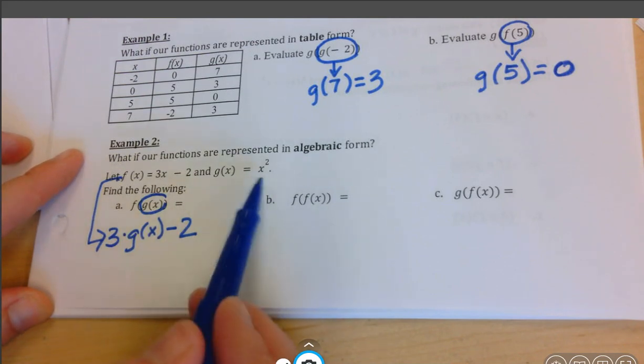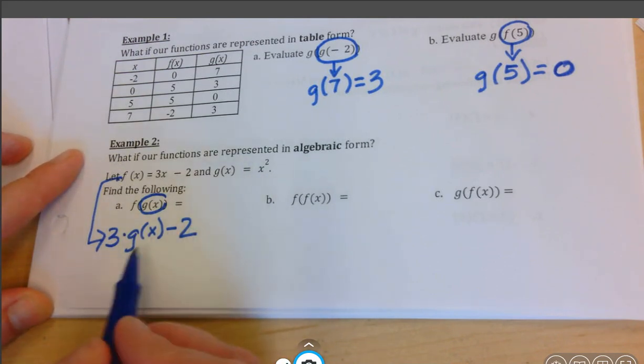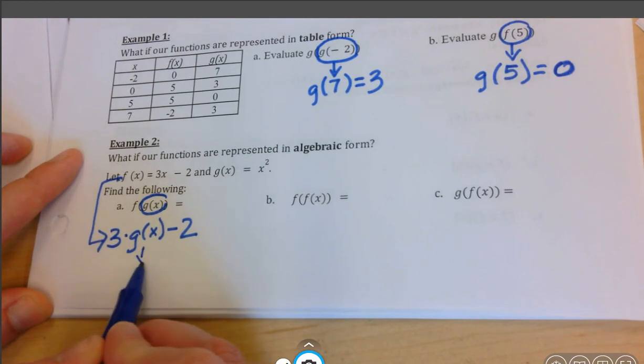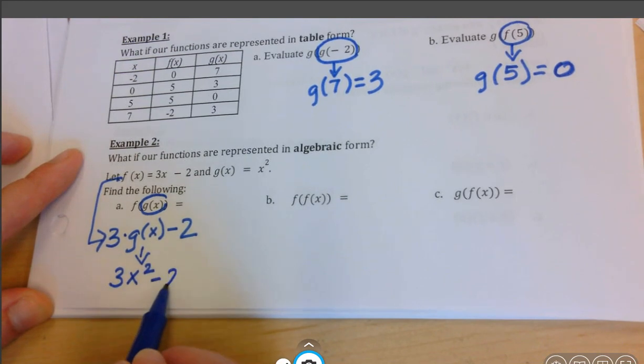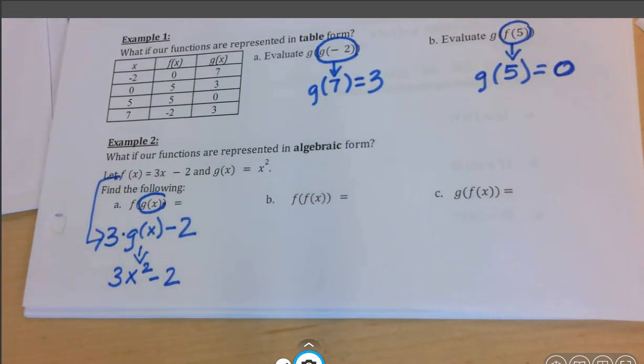Now, g of x is an actual function. It's x squared. So my g of x becomes x squared. So I have 3x squared minus 2. So I put the function g into the function f.